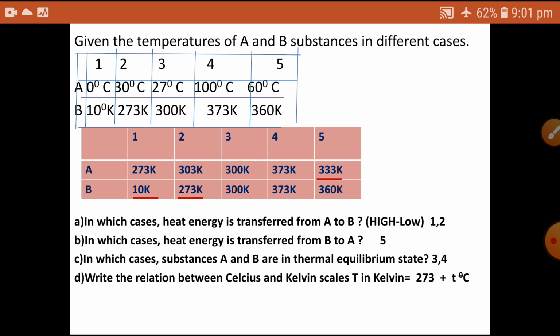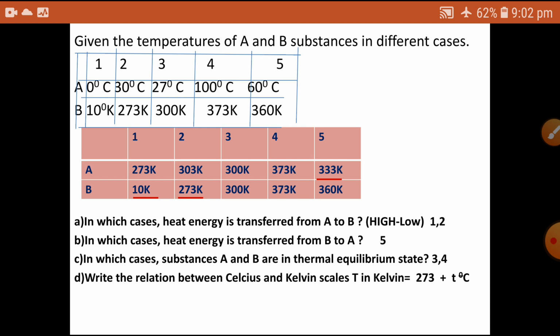Okay, see the second table. I converted all the readings. Now we shall start to write the answers for the questions they had given. In which cases heat energy is transferred from A to B? Here we have to see A to B. The heat has to transfer from A to B. Then we have to see whether A must be at the higher temperature and B must be at the lower temperature.